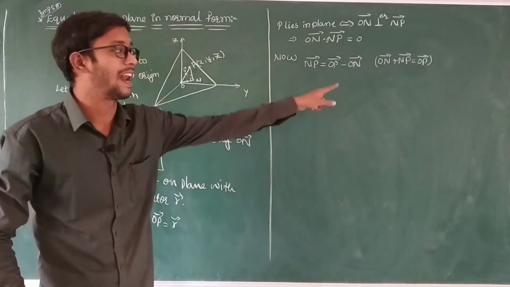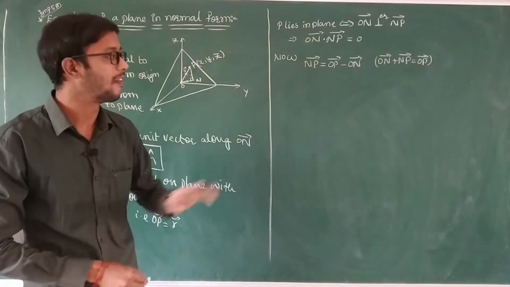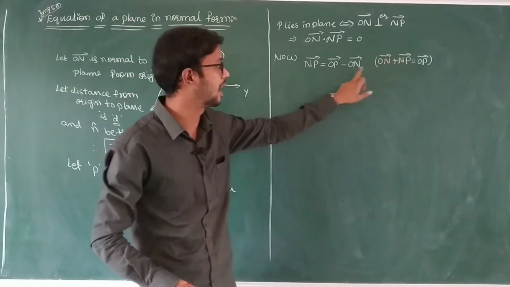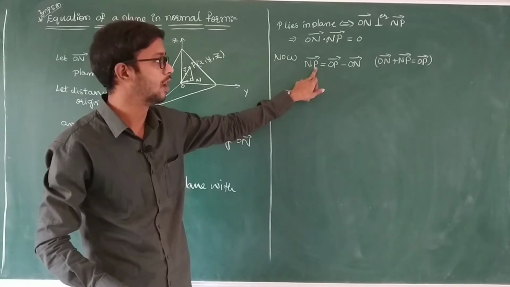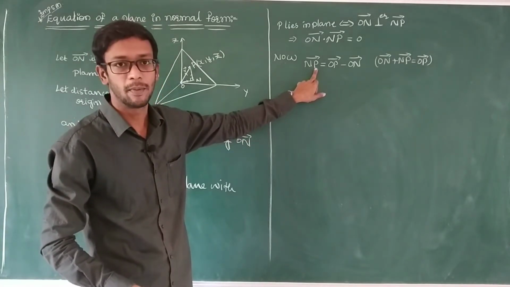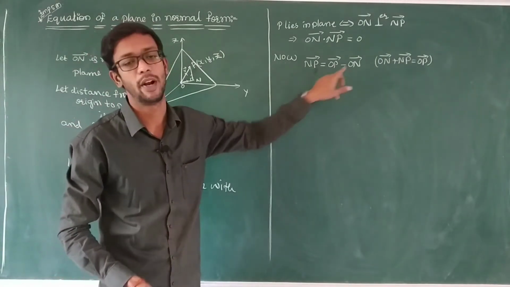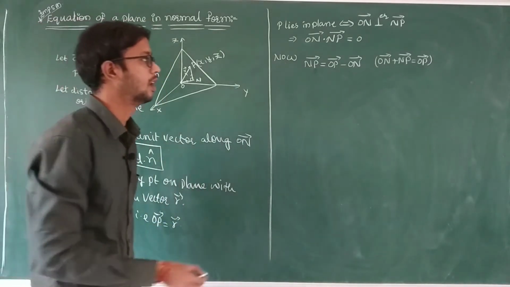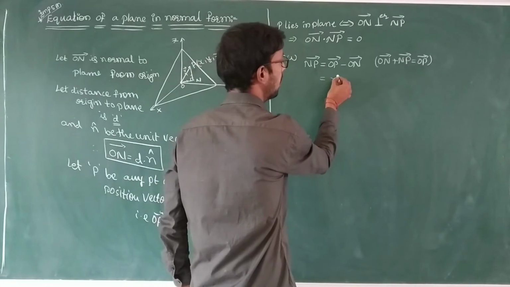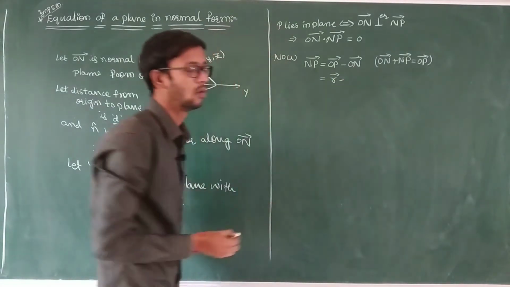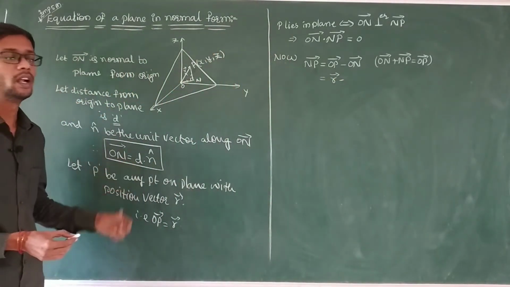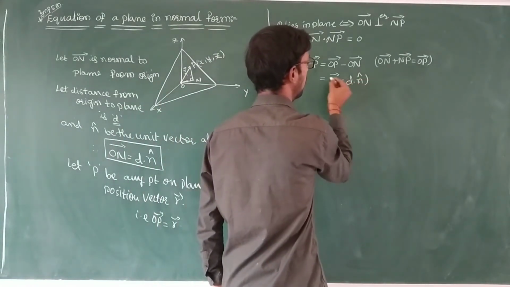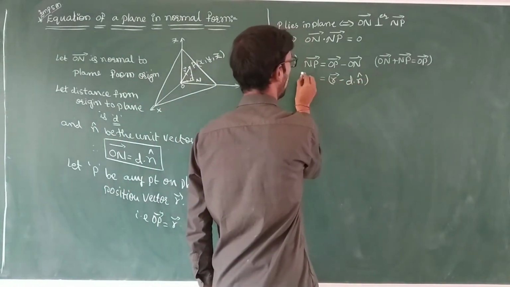Otherwise, if you don't know the triangle of vector addition, the simple way is terminal point position vector minus initial point position vector. OP bar is r bar, minus ON bar. What is ON bar? d into n cap. So this is NP bar.